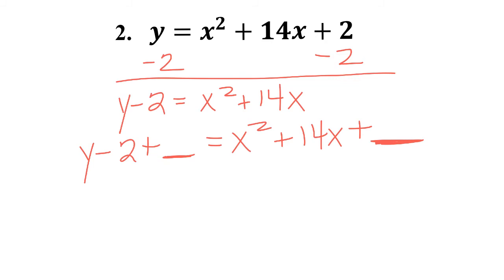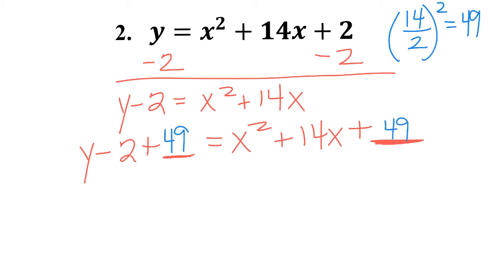So remember, half of b, squared. So 14 divided by 2 is 7. 7 squared is 49. So it is 49 that we are going to add to both sides of the equation, giving us, oops, hold on one second here.